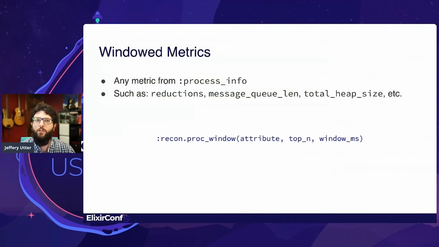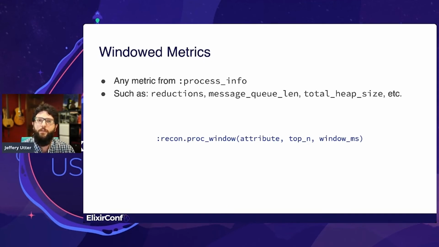The first thing we're going to look at are windowed metrics. Recon has this great thing called recon proc window, and you can give it any metric that you can pull out of process info, such as reductions, message queue length, total heap size. What it does is it measures every process in the system for that metric, waits however long you tell it, measures again, and then gets the difference between those 2 points in time and shows you the ones that change the most, however many you want.